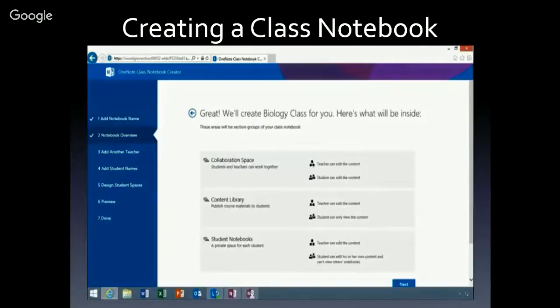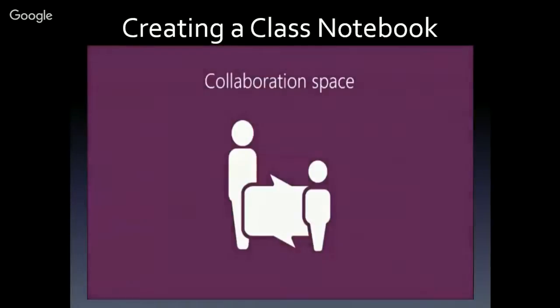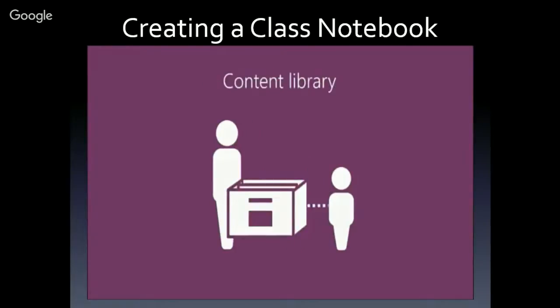The OneNote Class Notebook Creator provisions a notebook with 3 section groups, each with its own unique permissions. The collaboration space allows both teacher and students to edit content. This is great for shared group or classroom projects. The content library allows teachers to edit content, but students can only view or copy the content.